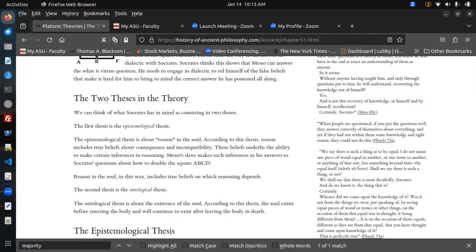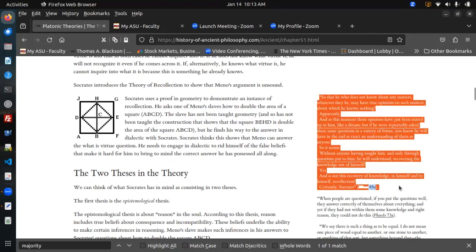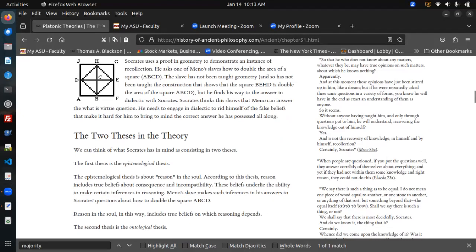Socrates says further that engaging in dialectic, in this episode that he has with Meno's slave, is a matter of recollecting the content of these concepts. We can see some of these passages over here, where I've quoted from the Meno, where Socrates is saying these things. Here we have the word recollection.